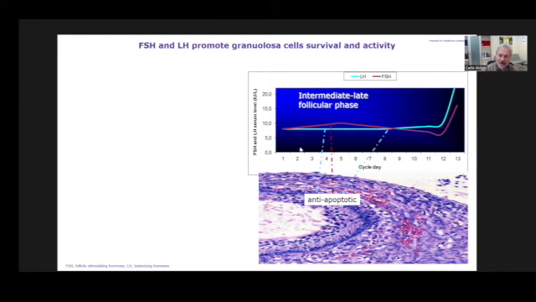Because if you provide LH since the early stage of stimulation, from day one, for instance, of our ovarian stimulation, we are pushing the production of androgens in theca cells. So if a patient does not require this, probably we are not changing anything.